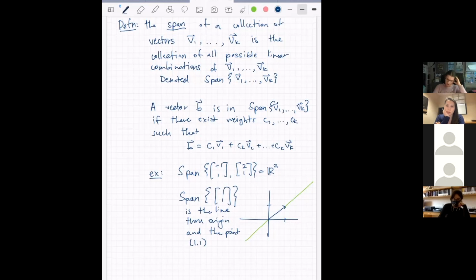So it wouldn't matter what K was. You can't possibly span Rn with less than n vectors, right? So there is a relationship there. Right, so what I was going to say is that I'll talk about this now.